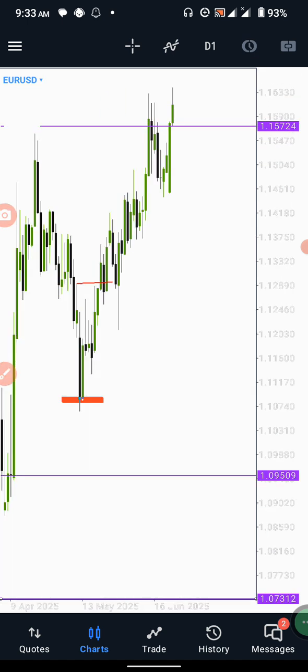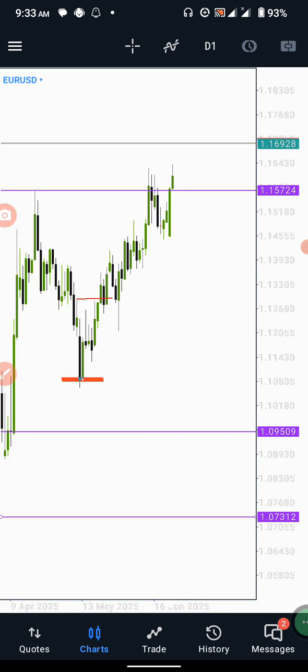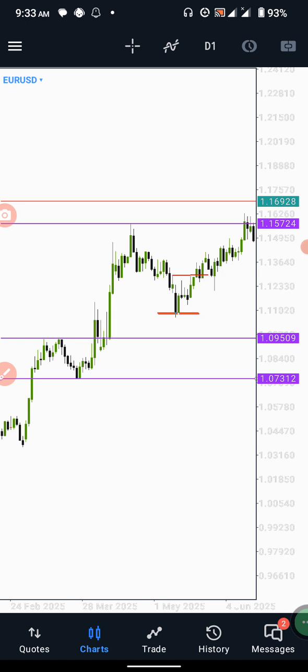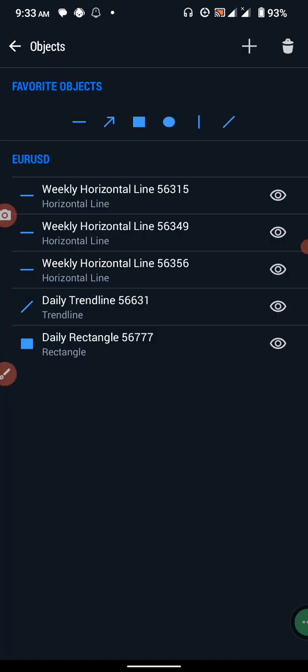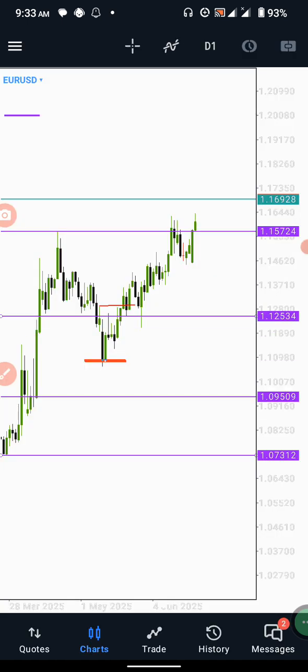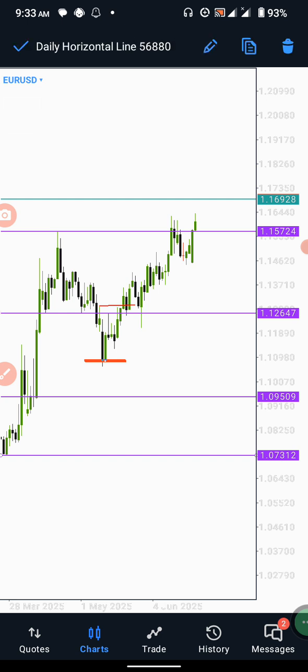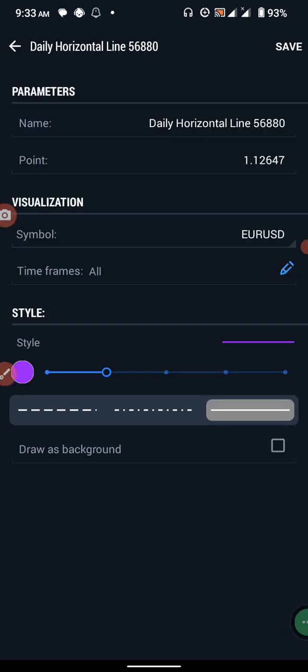So here on daily, I'm going to focus on the area of liquidity. Should I remove? No, let me get the other ones. Daily, I'm labeling the inside formation, the ones I've explained to you.